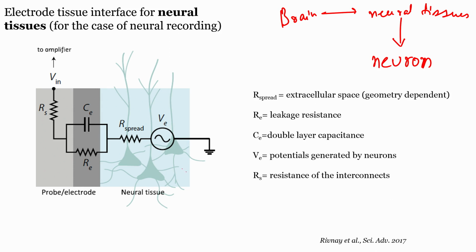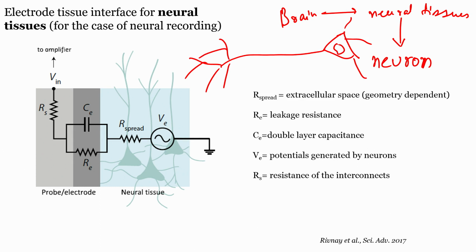So this is an example of a neuron. So neuronal tissues generate potentials.